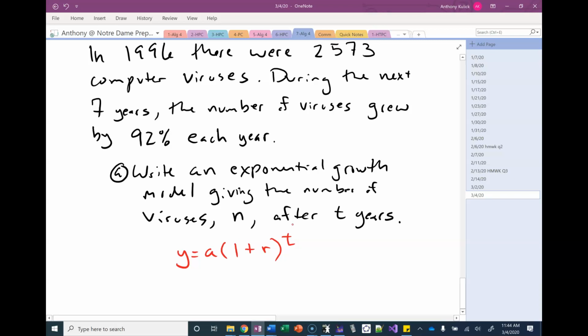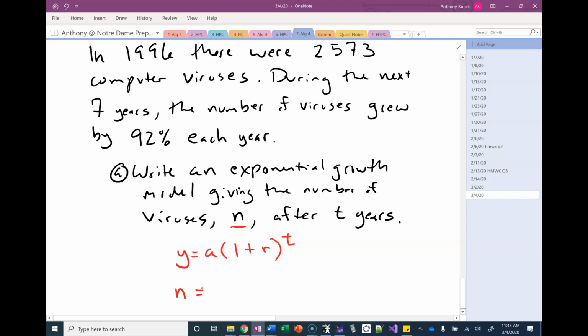What does y represent? Yeah, that final amount or future amount. Are we given that in the problem? No. In part A, it says, write the exponential growth model giving the number of viruses after t years. So that's going to be a future amount, right? It says to use n in that spot, so I'm going to replace y with n.